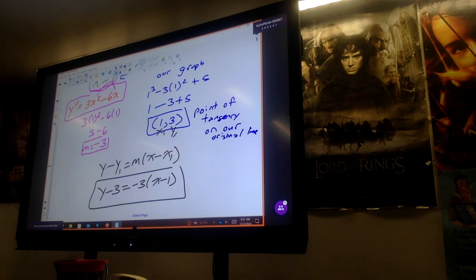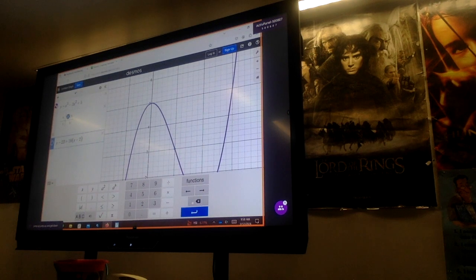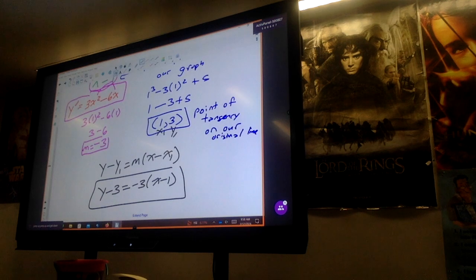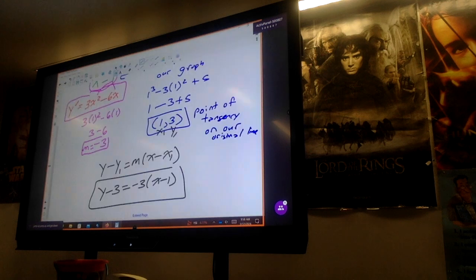If I went ahead and graph this on Desmos, I'm going to get y minus 3 equals the slope of negative 3 times x minus 1.